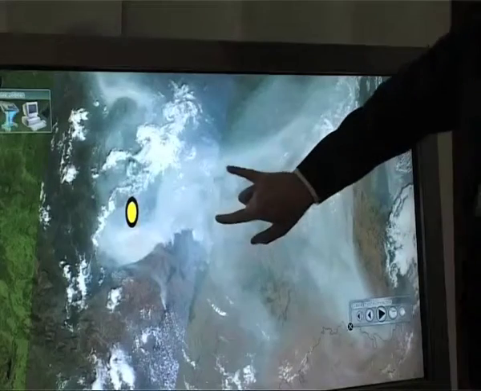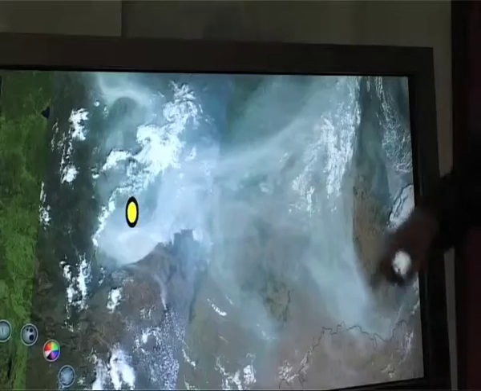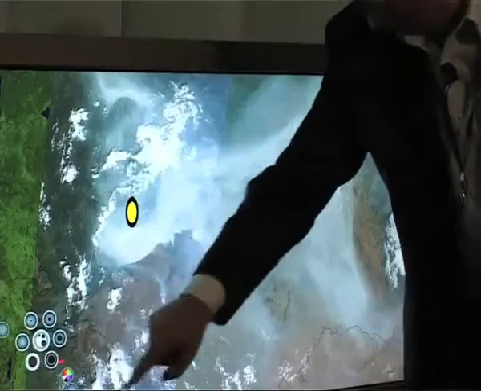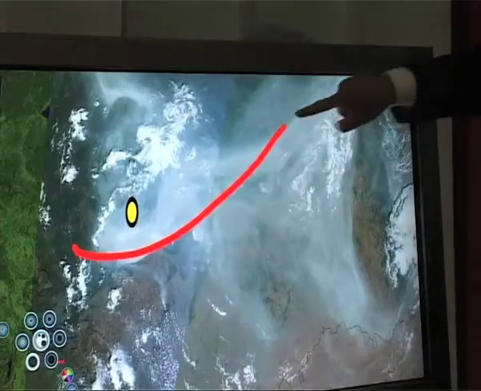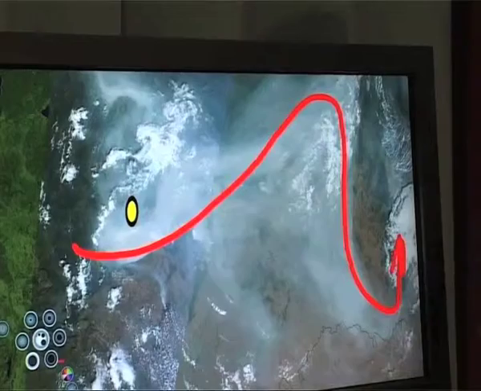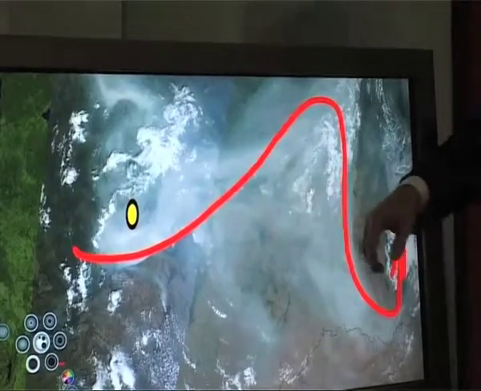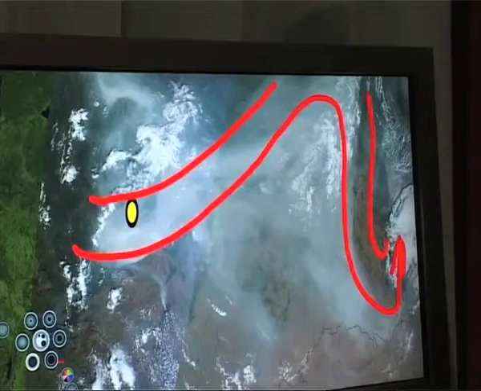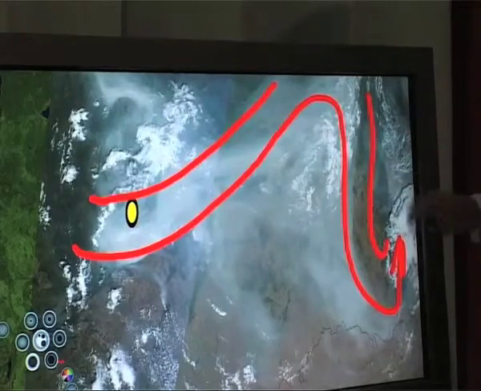And you can see what's happening with the upper level winds. The jet stream blowing like this. So whenever you have these fires, the smoke is carried in the jet stream on that conveyor belt of winds.